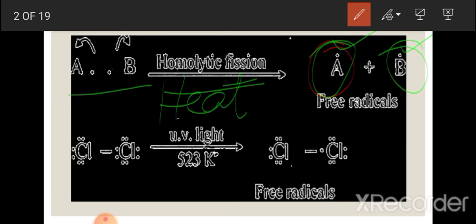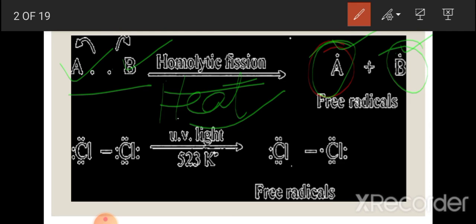So homolytic fission occurs in non-polar bonds. This we have to remember, that homolytic fission occurs in non-polar bonds, meaning the electronegativity of both the elements will be the same. And it is favored by heat, or you can say ultraviolet radiations, and in the presence of peroxides.